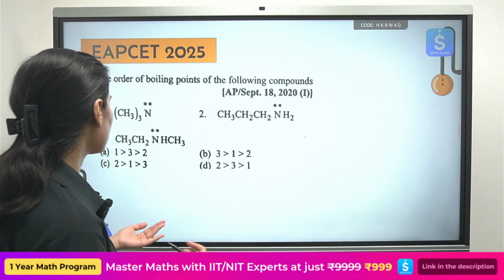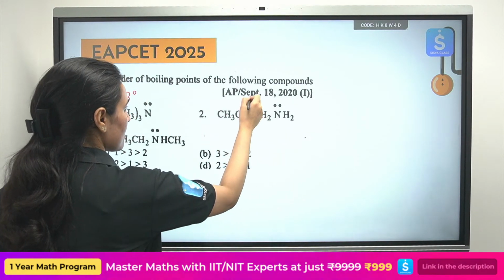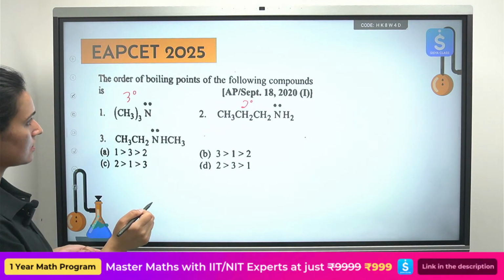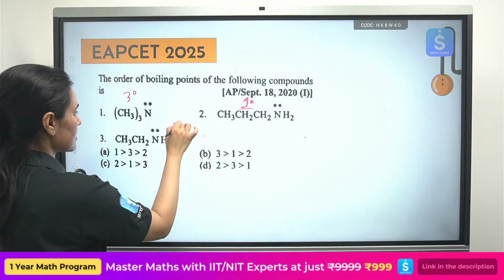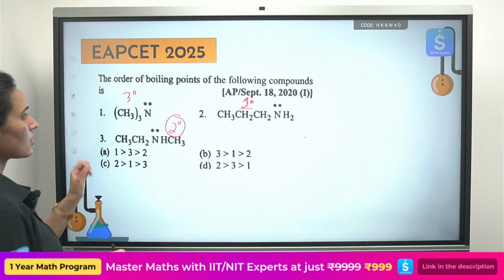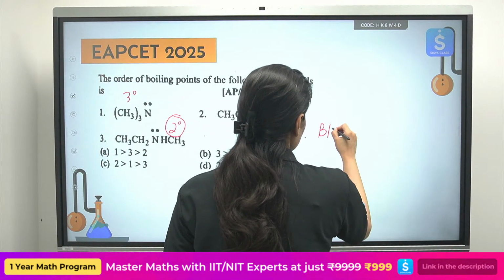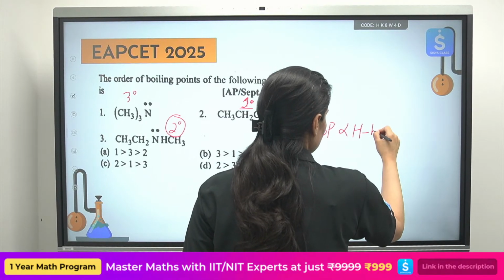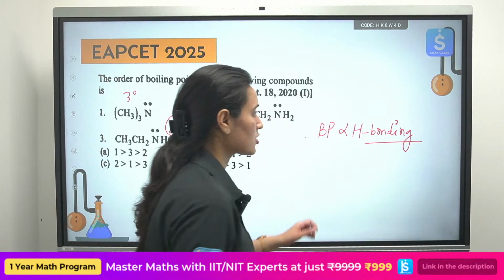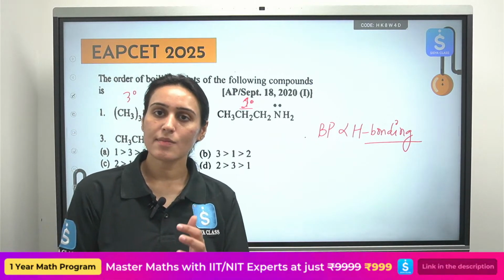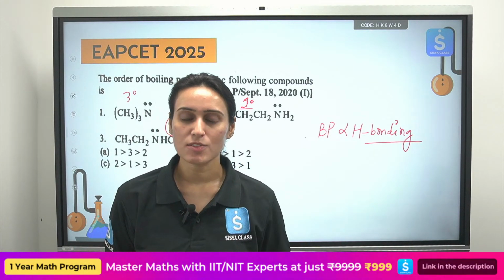So you have a tertiary amine, a secondary amine, a primary amine and a secondary amine. Boiling point depends upon hydrogen bonding. If hydrogen bonding increases, intermolecular forces of attraction are strong, so it requires higher temperature to break those bonds.